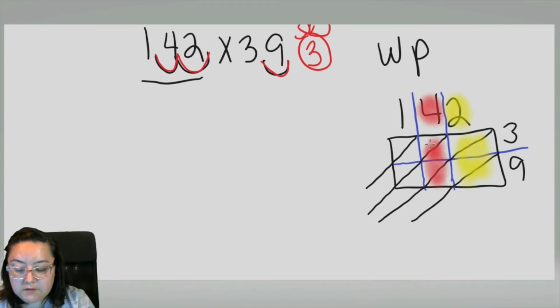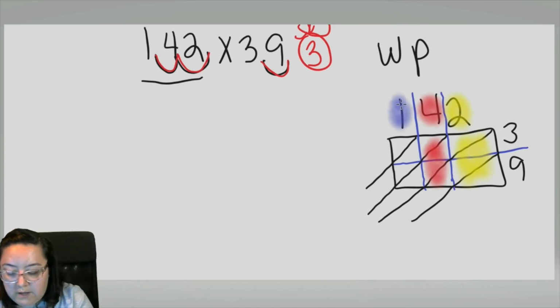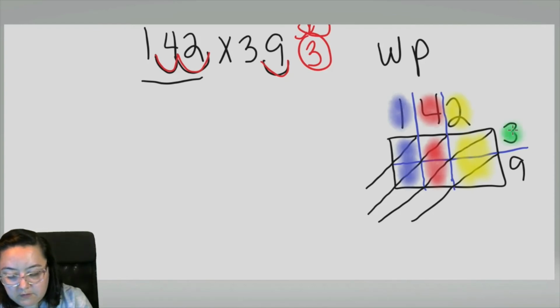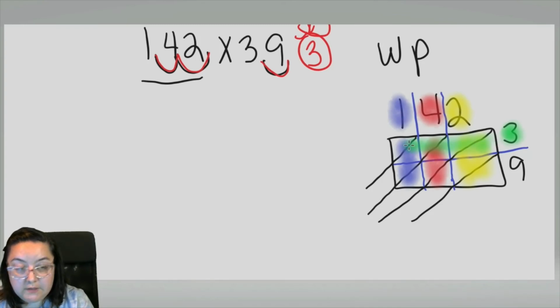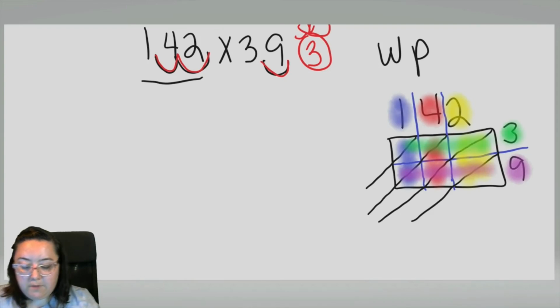And the products go within those 2 boxes. 1 will be my blue number, which will be multiplied by 3 and by 9, and the products will go in these front 2 boxes. Three is my green number, and so the products of 3 are going to go in the top row. 9 will be my purple number, and the products of those will be on the bottom.